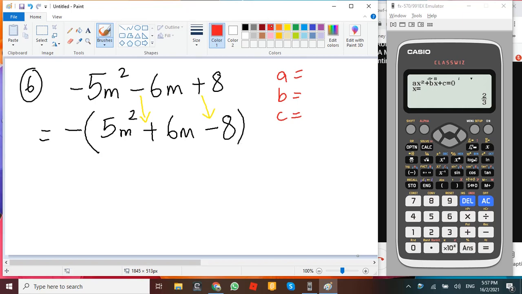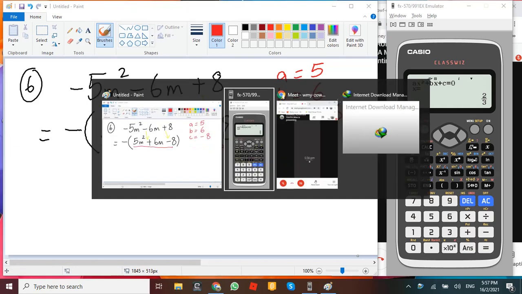So to find the value of A, B, C, we find the values inside the bracket only, where A is actually 5, not negative 5. B is positive 6 and C is negative 8. Now we use the calculator.